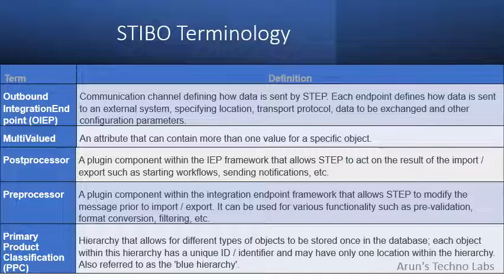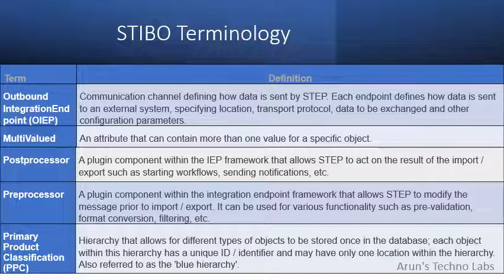We write it whenever we are validating any step object, before import, export, or any data. So before we do that, before import and export, we do the preprocessor checks and validation checks.